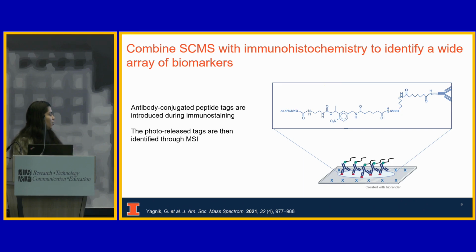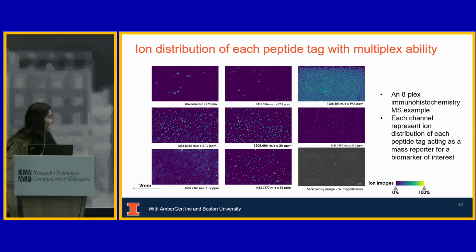Then you apply a UV light, you cleave and release this peptide unit right before doing your mass spec analysis, which gives you biomarker information and actually protein information of single cells using mass spectrometry.